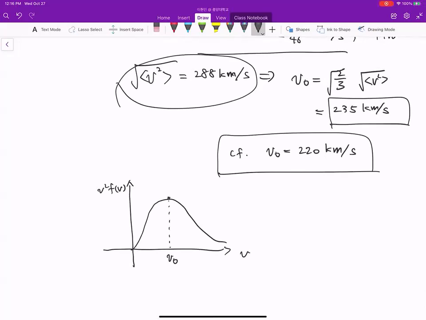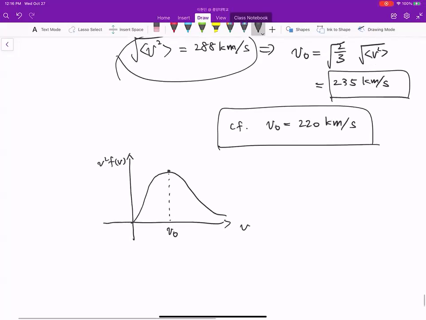So the maximum probability is at V0, and we have more chance to detect dark matter at this value, 220 kilometers per second. Also, the signal depends on the dark matter profile, so we are going to discuss this in more detail.